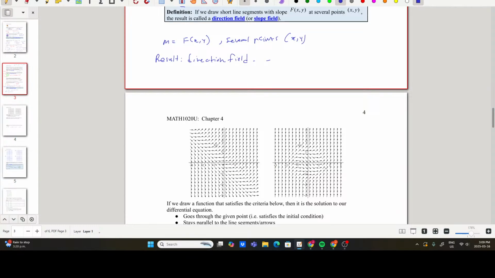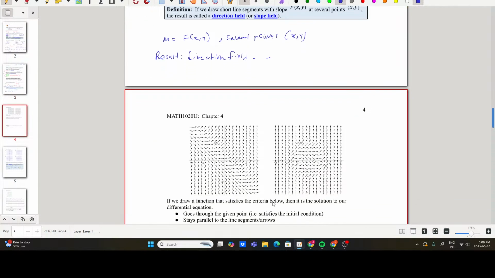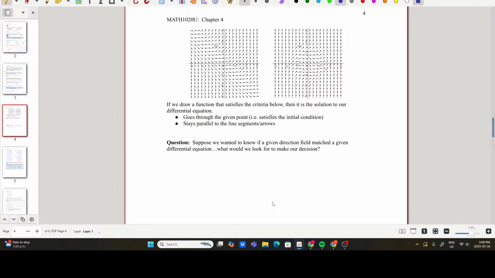So what are we going to do about this direction field? What we should do is understand how it works. I'm not going to be worrying about drawing these. They said specifically that there will be multiple choice questions around direction fields, no drawing. So I should understand how each function correlates to it.